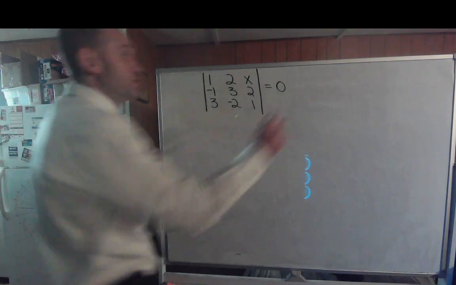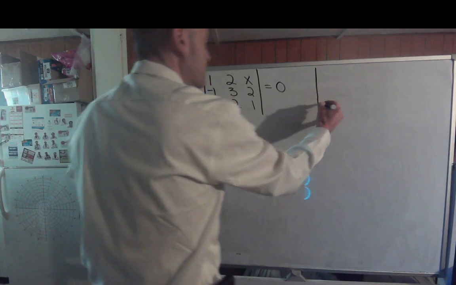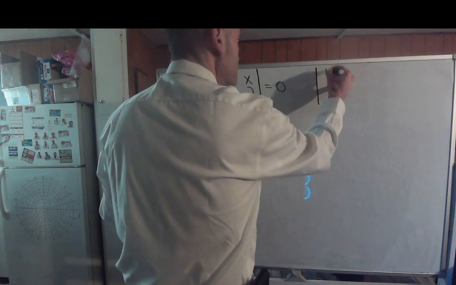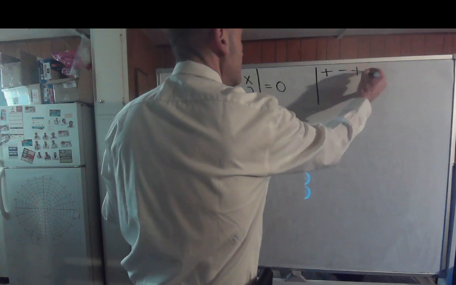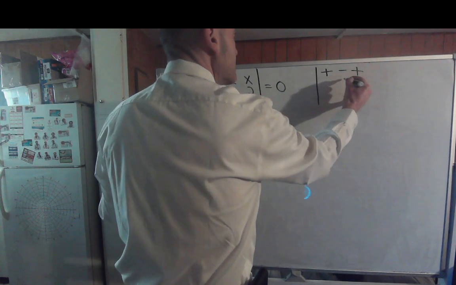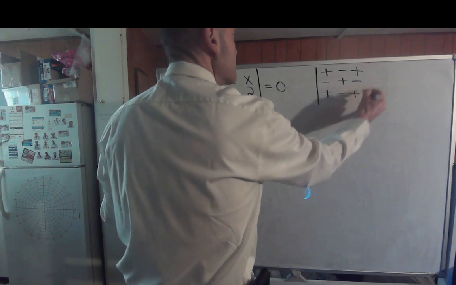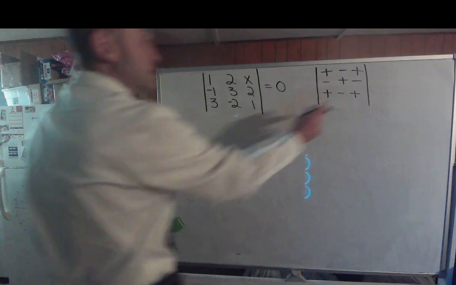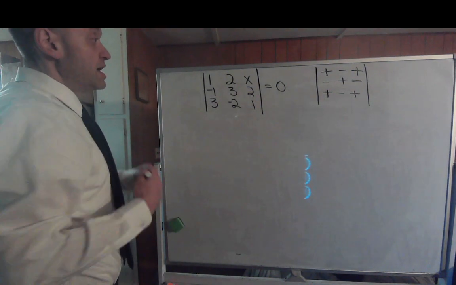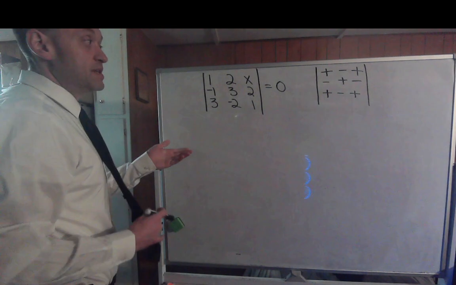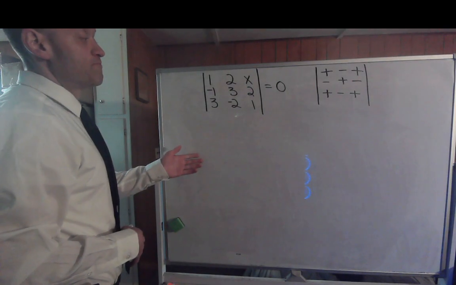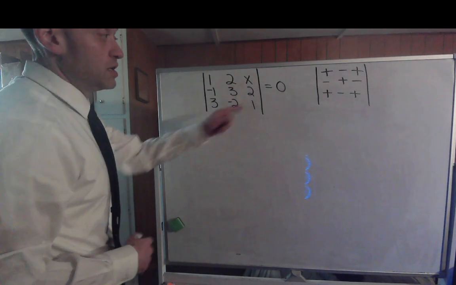If it helps you set up your coefficient determinant for a 3x3, that's going to be plus, minus, plus, minus, plus, minus, plus, minus, plus. The alternating positives and negatives. Any row or any column is as good as any, so why don't we go down the third column?